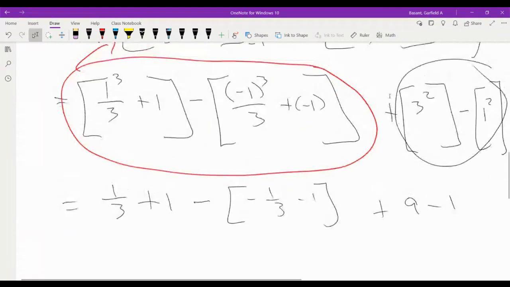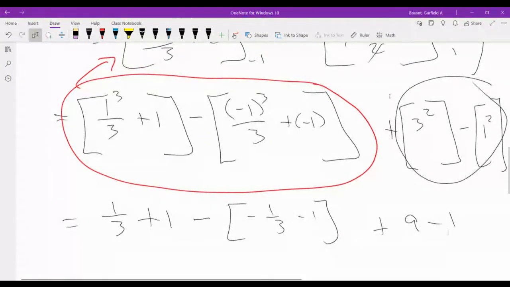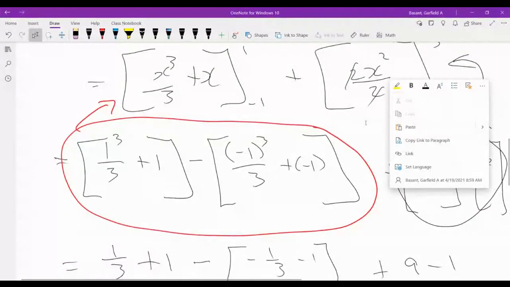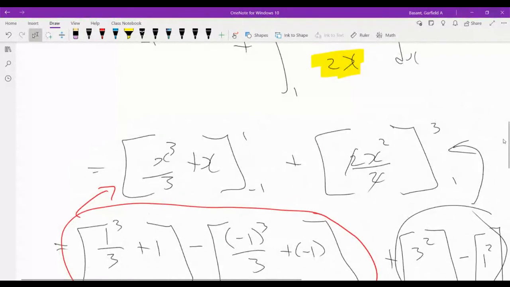Professor, can you explain real quick how you got 3 squared? Yes. Just above that, we have the x squared because we canceled out the 2's. You see that? Yeah, I see that. So now all we're doing is substituting. We plug in the 3 first, and then we plug in the 1.